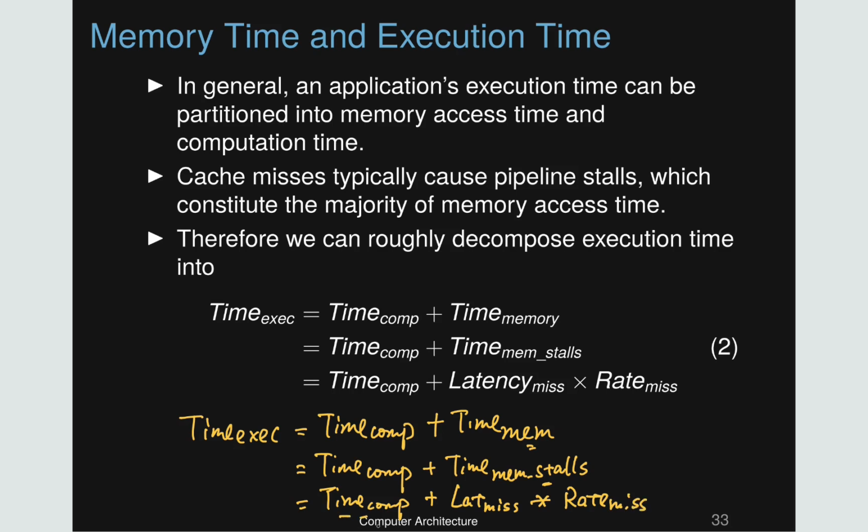So once you know the time for computation, and once you know the miss latency and the miss rate, you can compute the execution time. Or, as in most cases, when you know the actual execution time, you measure it, and you can measure the cache miss rate. If you know the cache miss latency and can measure the cache miss rate, then you can compute how much time the program actually spends doing the computation.